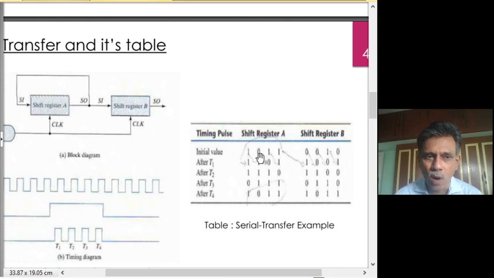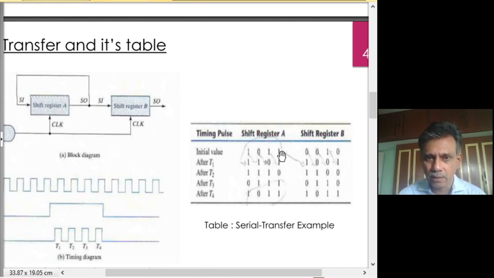You can see after 1 bit shifting, this 1 of A goes to the MSB position. I will call this the MSB and this the LSB, although this is arbitrary; these are all just bits. There is nothing to do with the significance of the bit, which only comes into the picture when we treat it as a binary number.